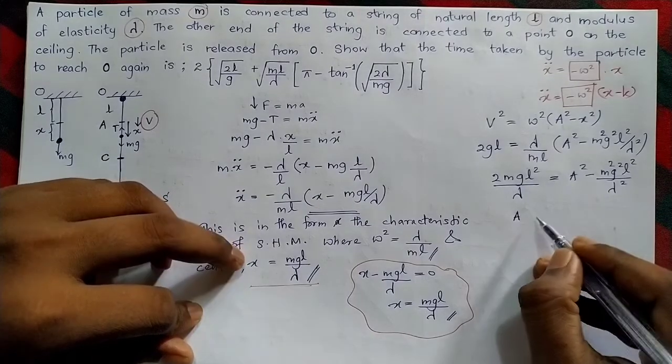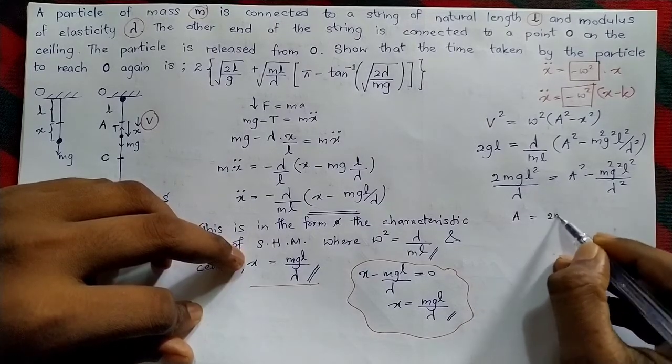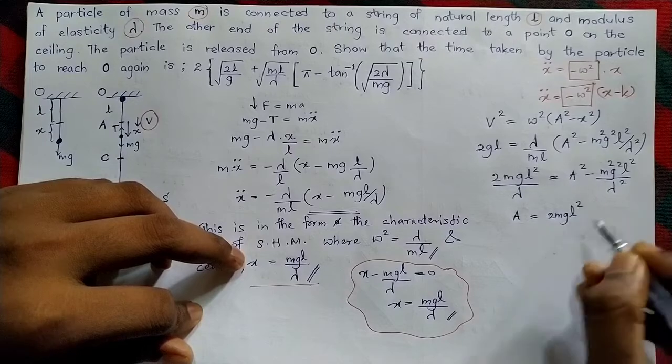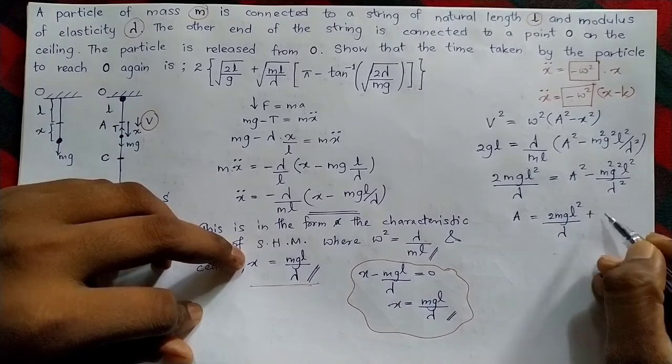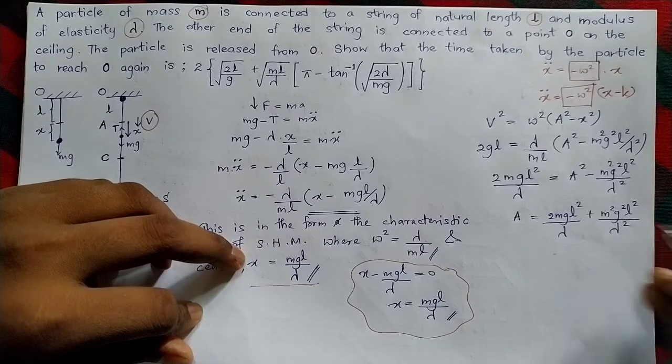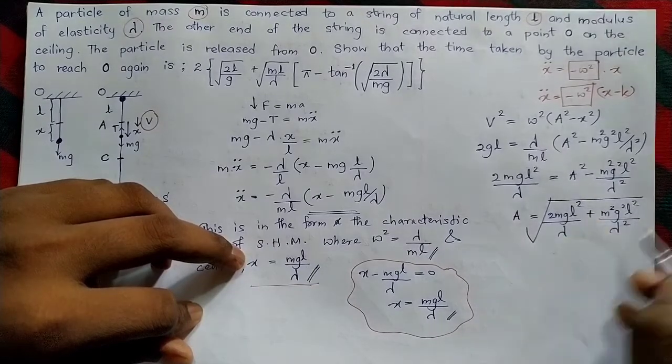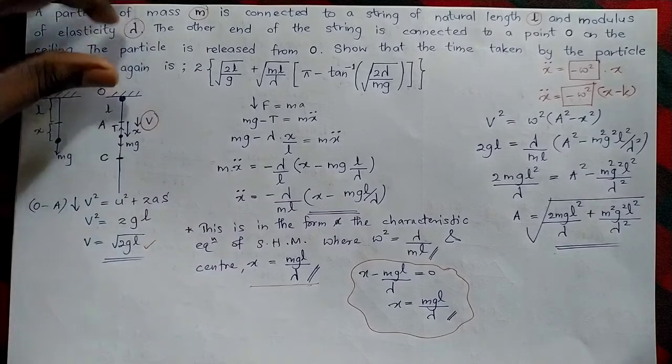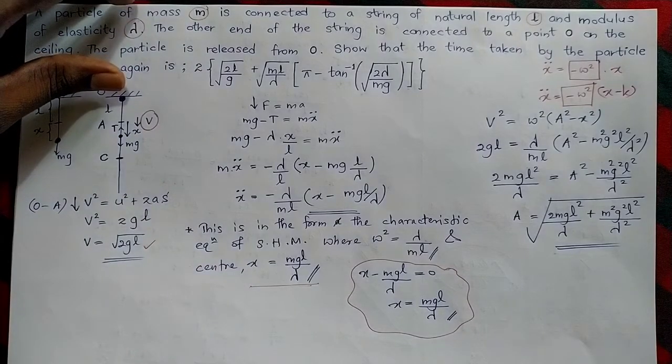Then our amplitude is the square root of 2mgl square over lambda plus m square g square l square over lambda square. This is the amplitude of the motion.